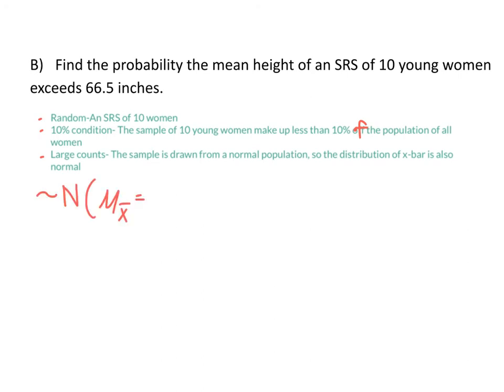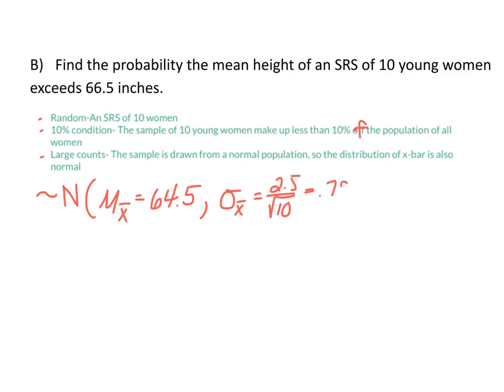So our sampling distribution is approximately normal, and the mean is equal to the population mean, which from the previous problem or at the top of your paper is 64.5. The standard deviation of my sampling distribution is equal to the true standard deviation, which we were told was 2.5, divided by the square root of my sample size, so the square root of 10.